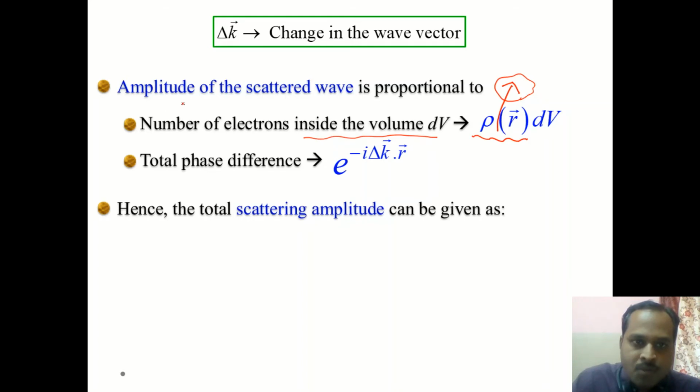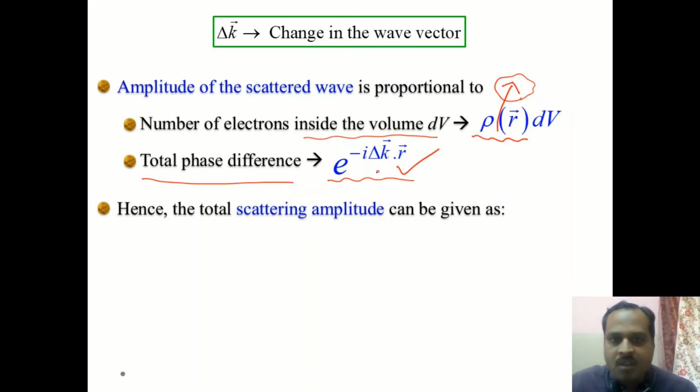The scattered amplitude is proportional to the number of electrons inside the volume dV, which is equal to rho r times dV. It is also proportional to the phase factor, which is given as exponential of minus i del k dot r, whereas the phase difference is minus del k dot r.